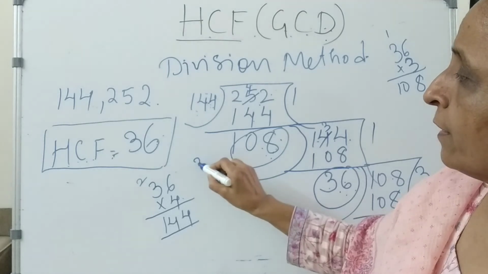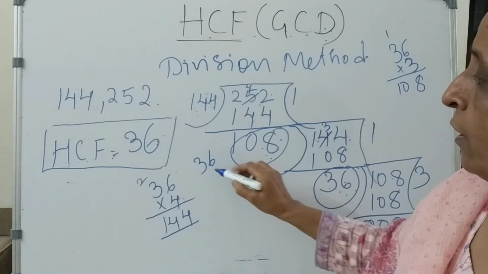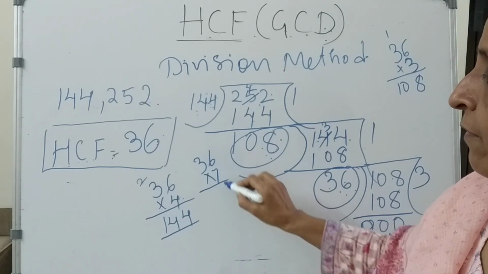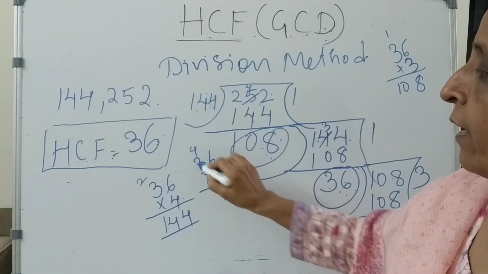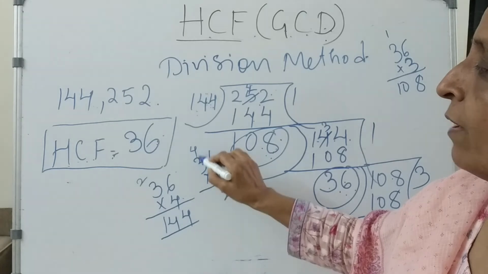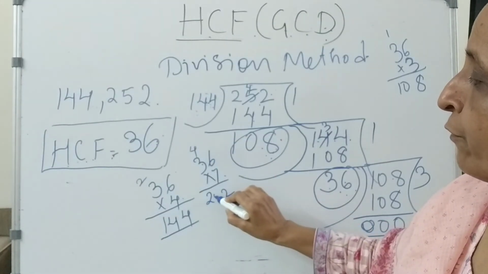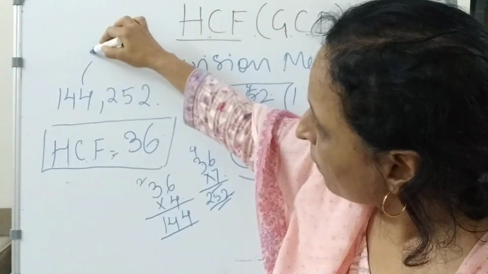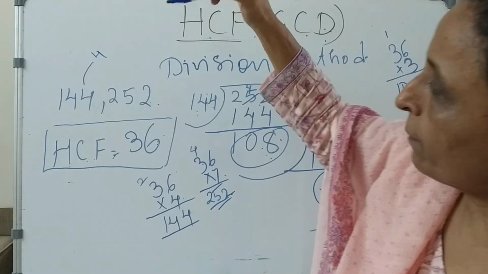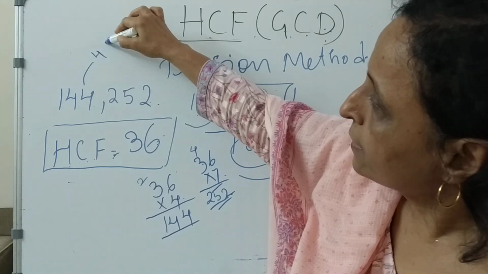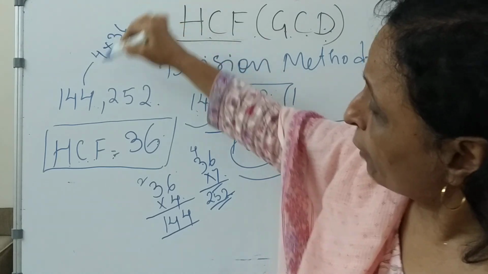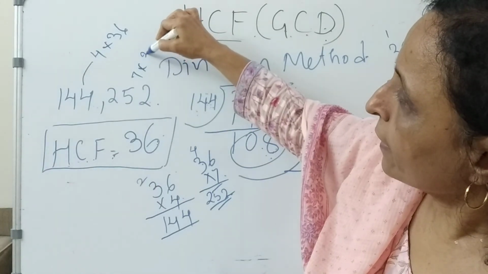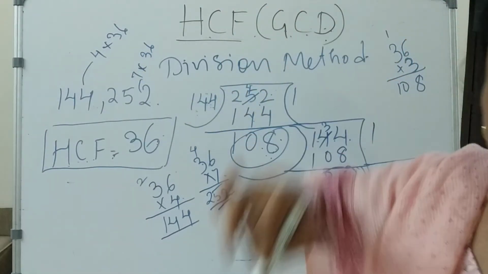Now again 36 into 7. 6 sevens are 42. 4 carry, 7 3s are 21, plus 4 it is 252. So 36 multiplied by 4 is 144, and 36 multiplied by 7 is 252.